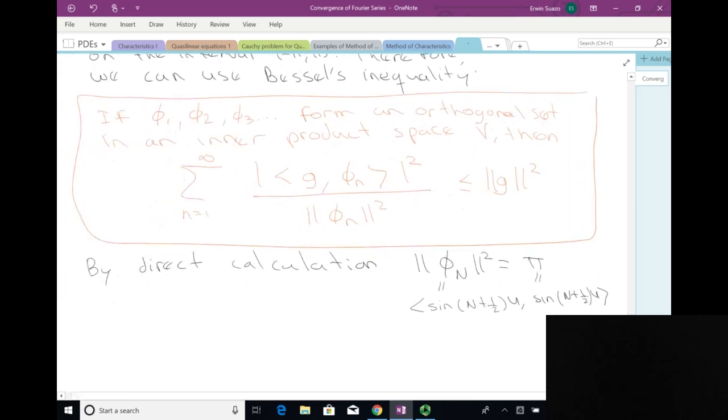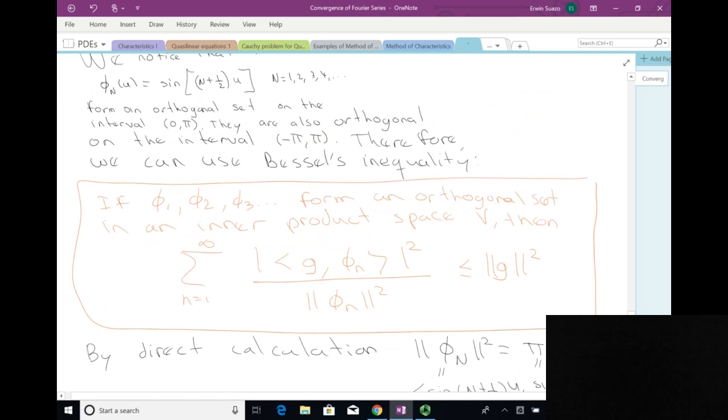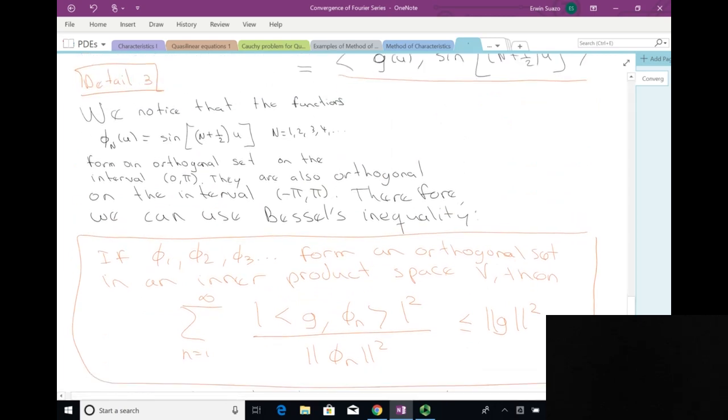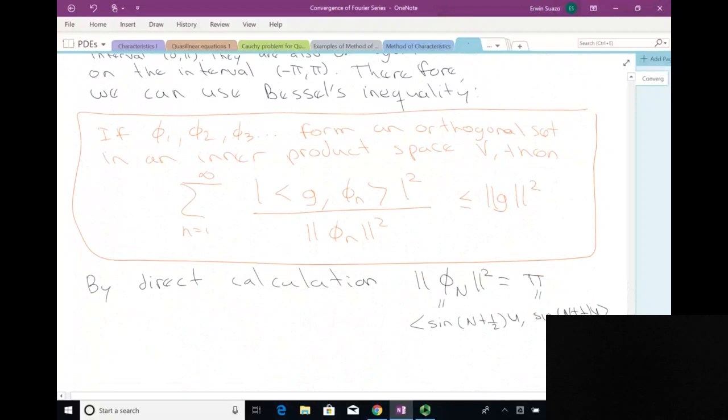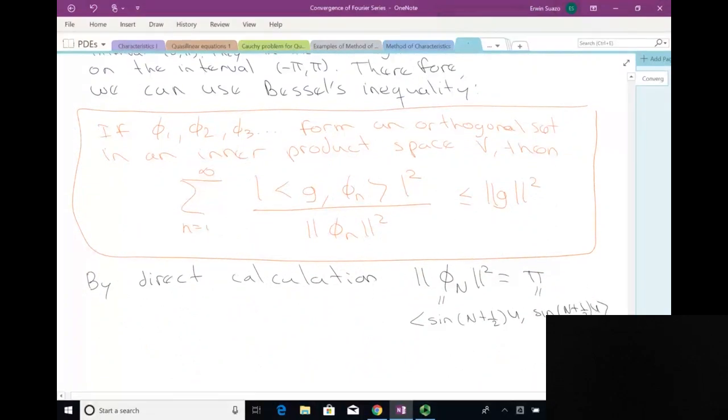Okay, so that can be done really easy. So you can find that integral. So it turns out that if this is phi sub n, this will be pi, right?